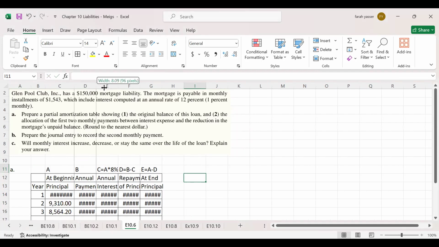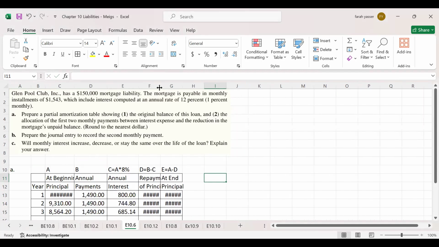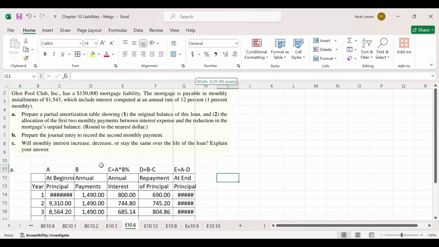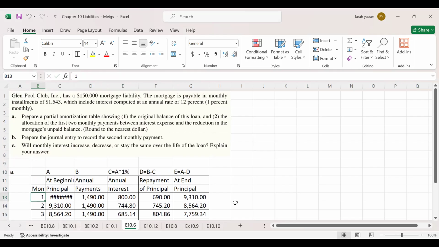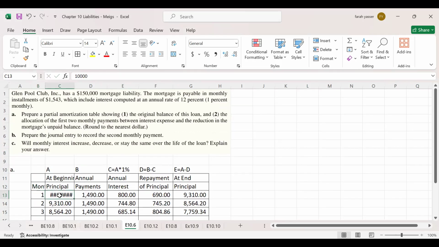The total amount that we have borrowed, the rate of interest is 1% per month, and it is not yearly. We are going to make the table monthly. So these are month 1, month 2, month 3, and so on. Total money which we have borrowed is $150,000 at the start of the month.